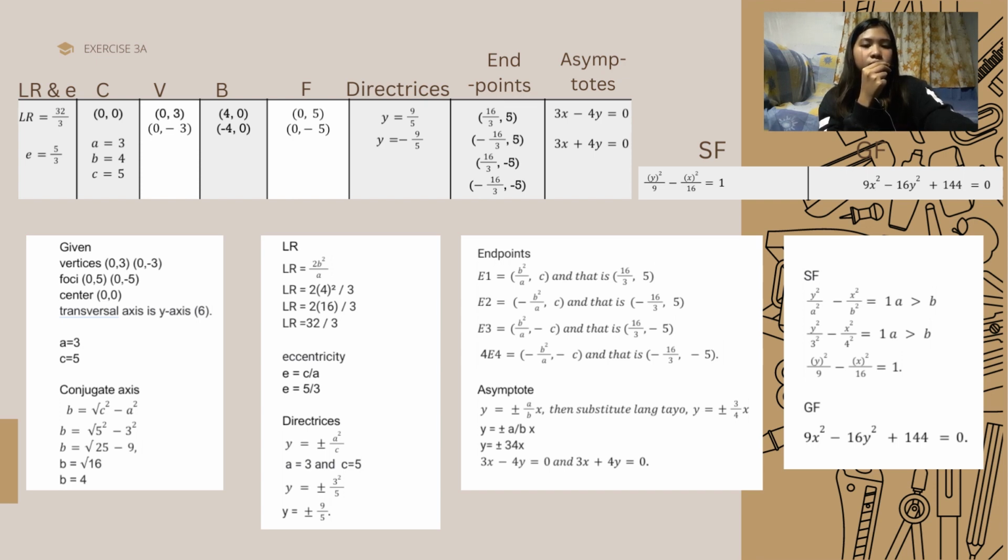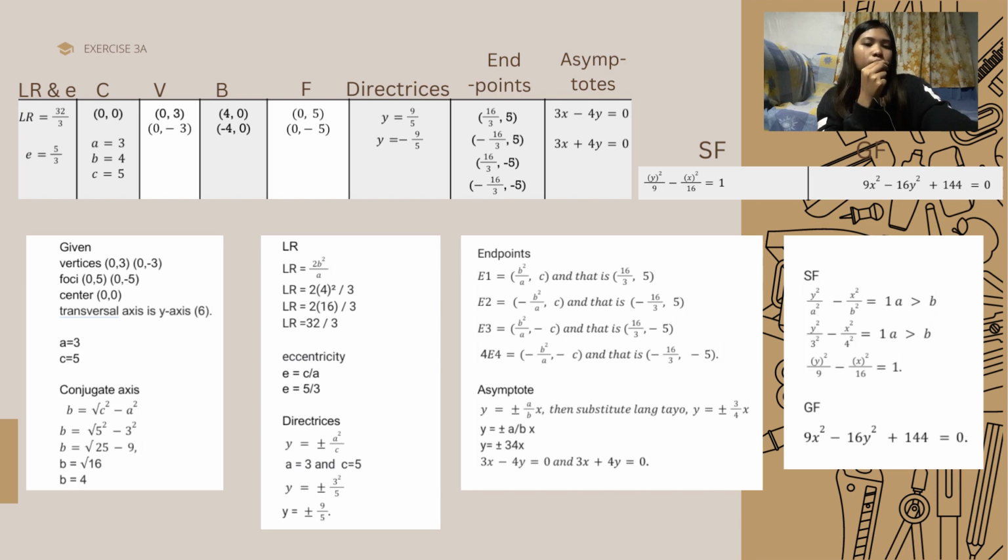And then, next one is yung directrices. Pwede na natin siyang makuha once makuha na natin yung LR and eccentricity natin. So, ang gagamitin naman natin formula for that one is yung ginamit din natin kanina, which is yung y is equals to positive negative a squared over c.